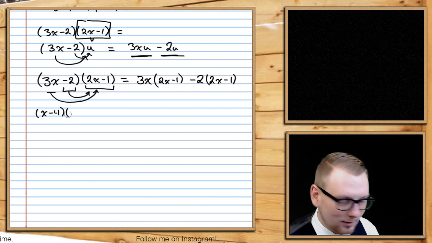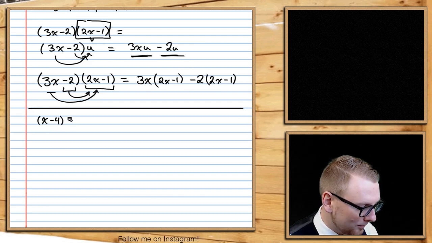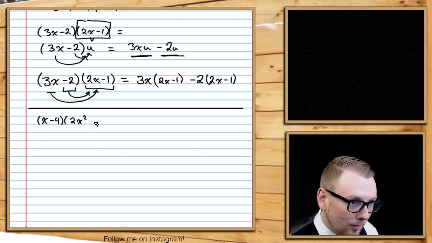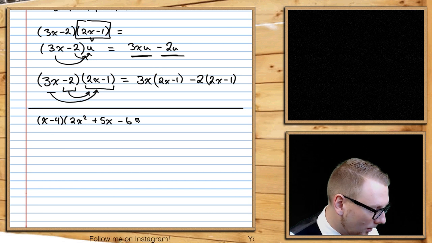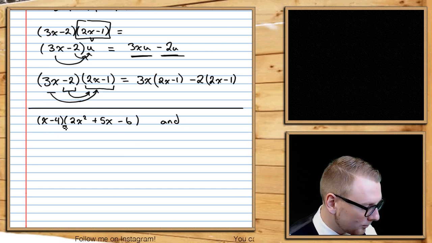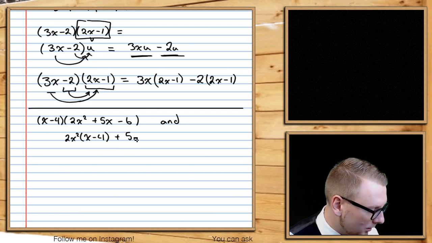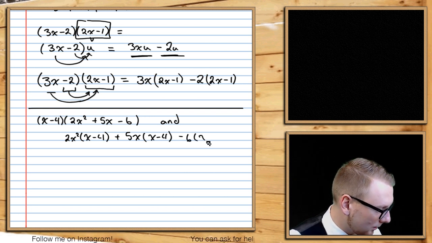And here, I'll write this whole thing. x minus 4, 2x squared plus 5x minus 6. And 2x squared times x minus 4, plus 5x times x minus 4, and minus 6 times x minus 4.